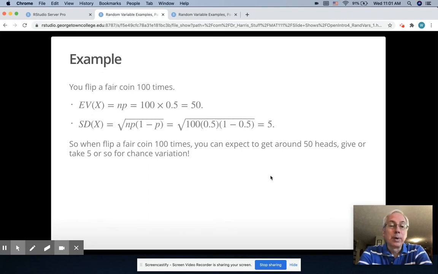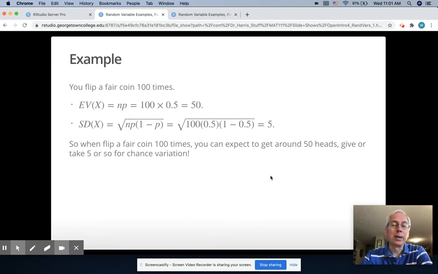So when you flip a fair coin 100 times, you would expect to get around 50 heads. And remember, the standard deviation tells us the range on which we expect typical values to occur. And so we would expect to be within 5 of 50, so between 45 and 55 is what we would expect to have.